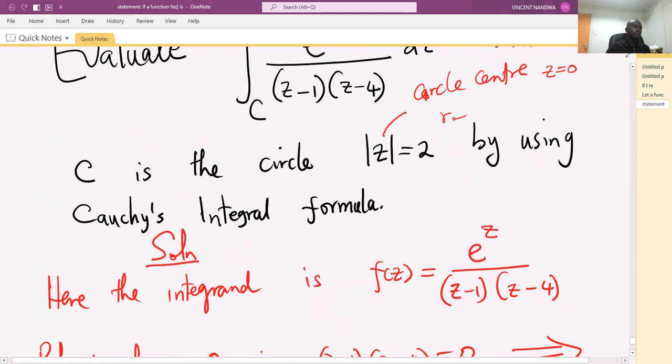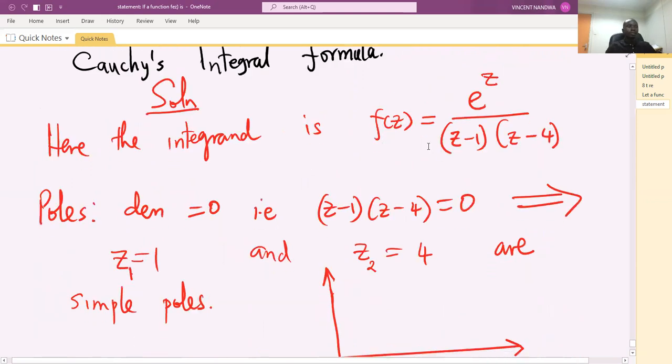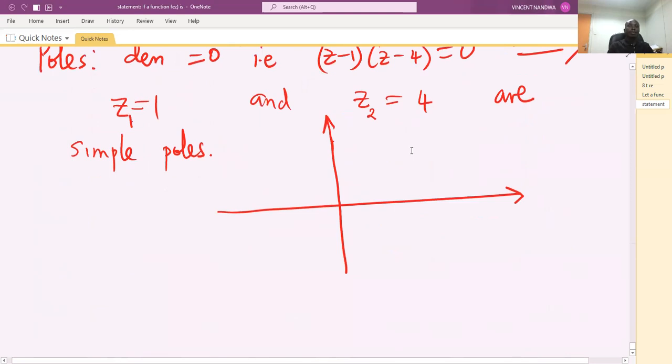So we have this: this is -2, this is +2, this is 2i, this is minus 2i.